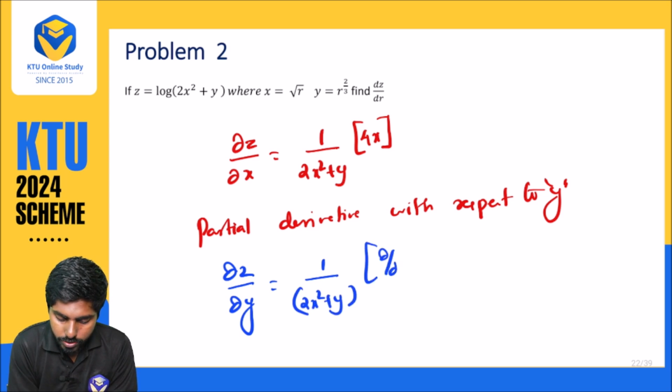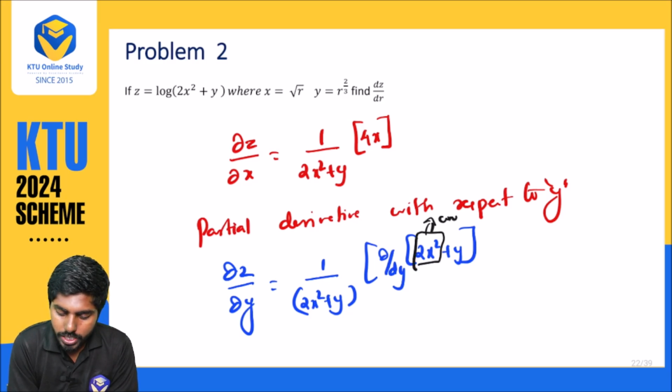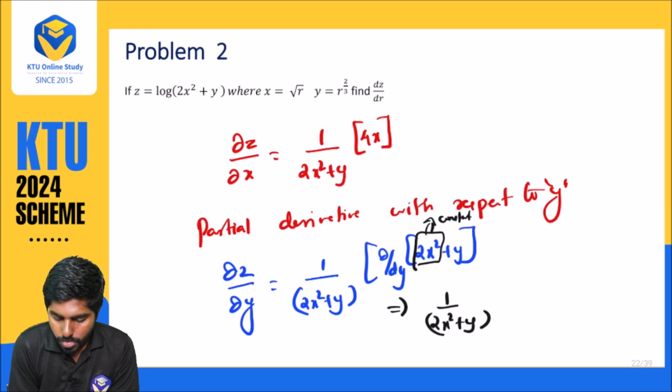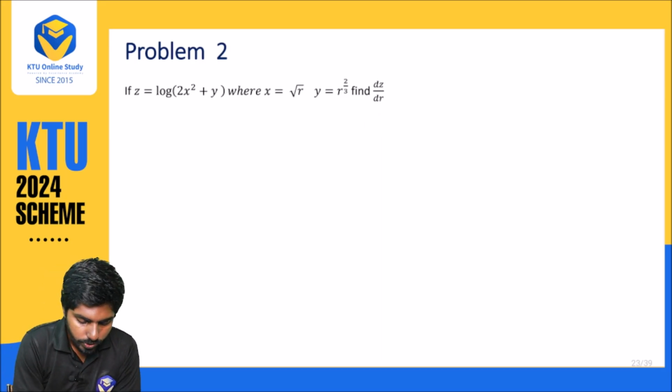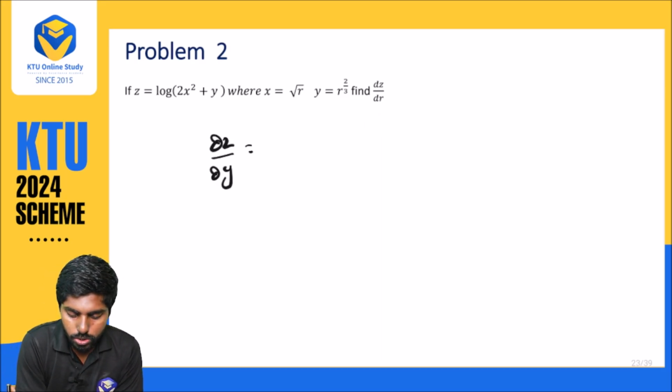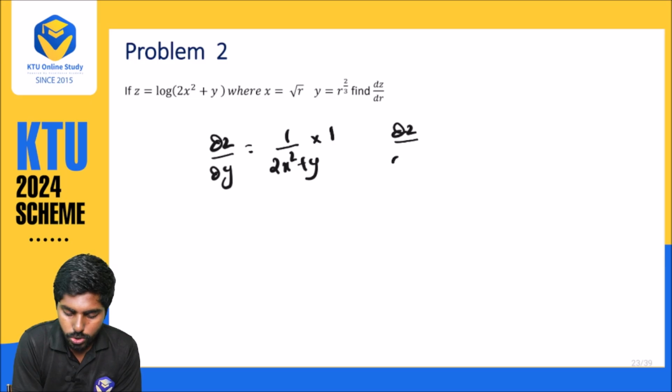Now the partial derivative with respect to y inside the bracket, 2x square plus y: here 2x square is constant, so it becomes 0, and the differentiation of y is 1. So we get dou z by dou y is equal to 1 divided by 2x square plus y, into 1. And dou z by dou x is 1 divided by 2x square plus y, into 4x.